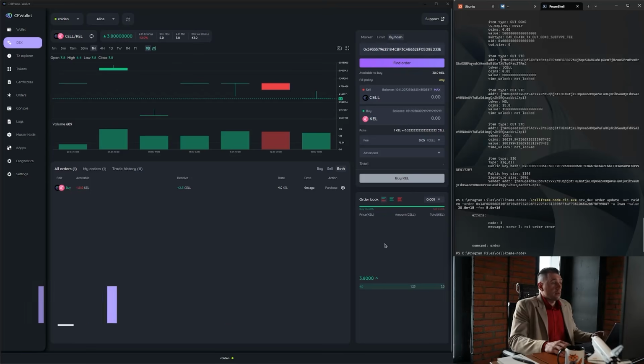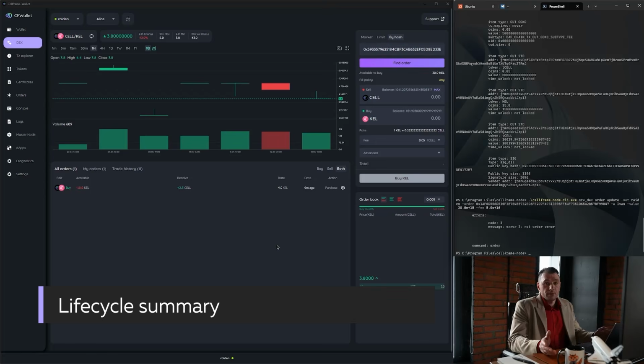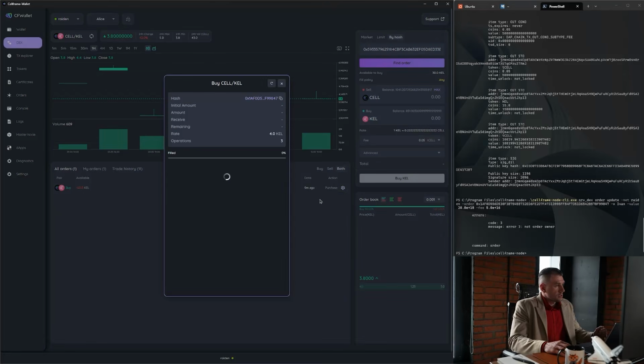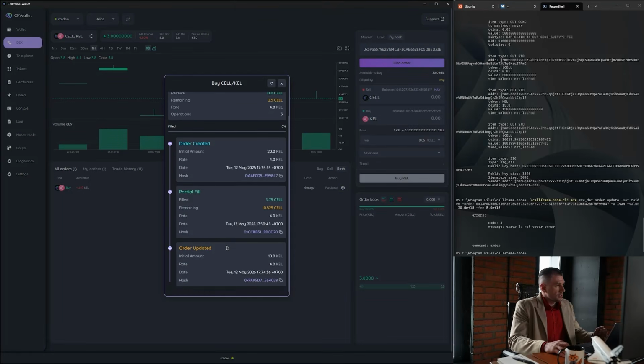So, to summarize, order lifecycle can include 4 operations: create, purchase, partial or full, update, and cancel. And since we already accomplished 3 operations on this order, we can see them in the order details.